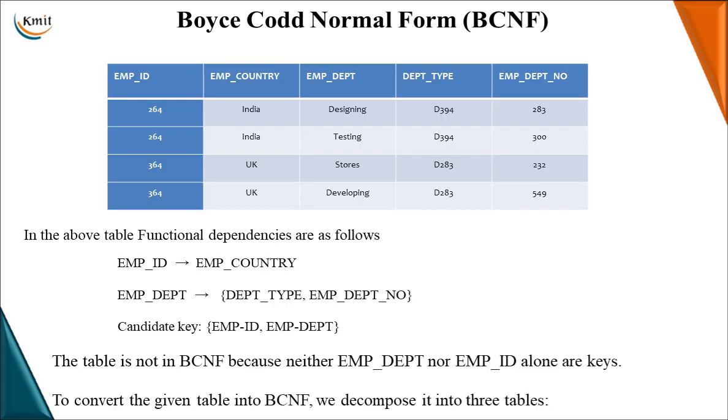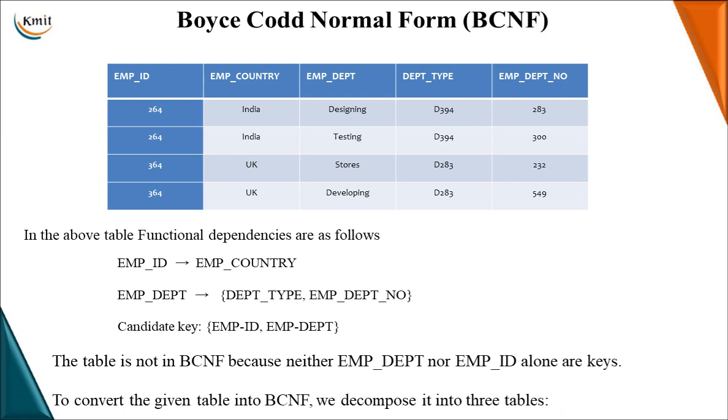Look at the table example where I have got employee ID, employee country to which he belongs, employee department, then department type and employee department number. So the functional dependencies are like this: employee ID determines employee country, and employee department determines the department type and the department number.